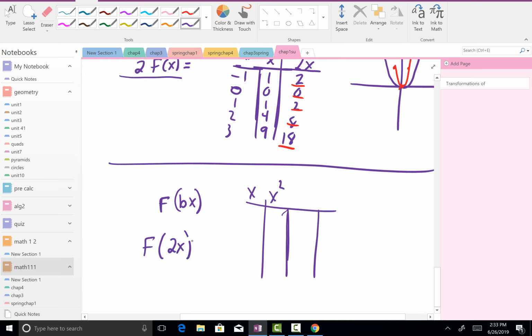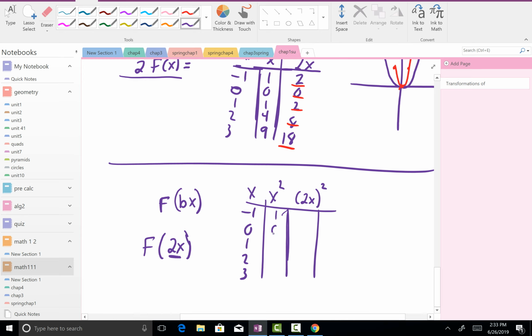Which means that I'm going to take 2 times x and square it. So see, the function is x squared, but we want 2 times x first. So whatever numbers we get here, which would normally be squared, we're going to 2x squared them.